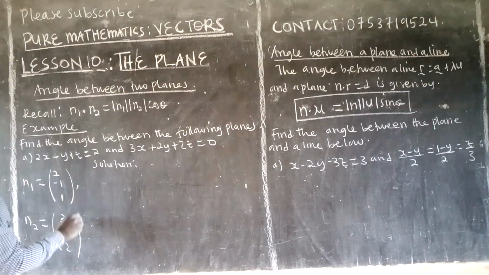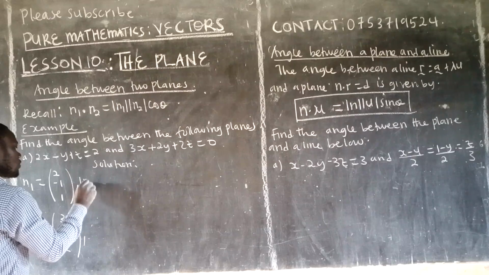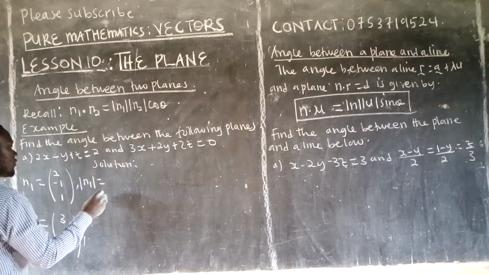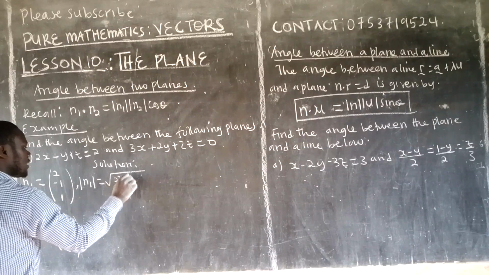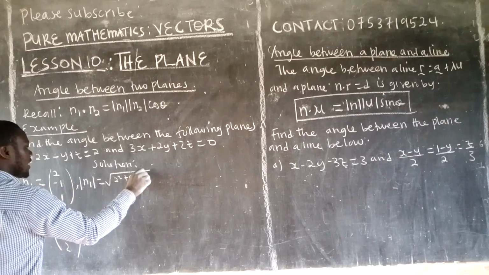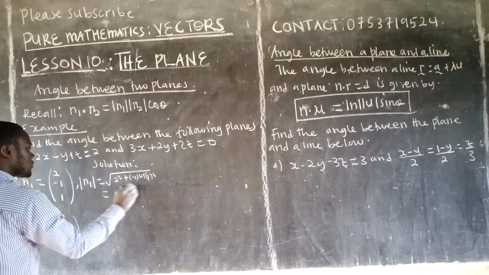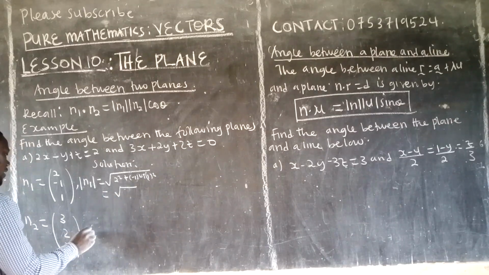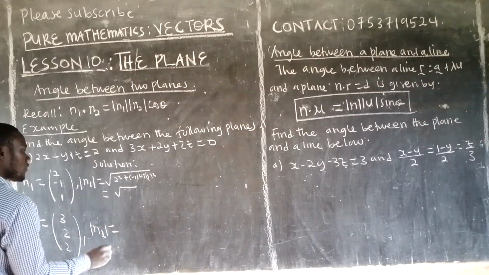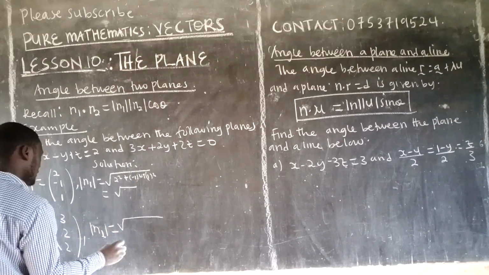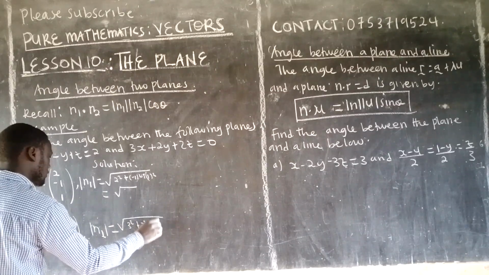So what do we need? Let me get the magnitude of N1 at once. The magnitude of N1 will be the square root of 2 squared plus -1 squared plus 1 squared. Here also, the magnitude of N2 will be the square root of 3 squared plus 2 squared plus 2 squared.